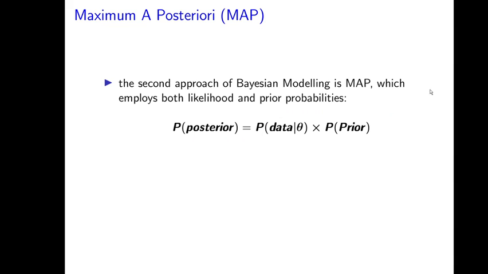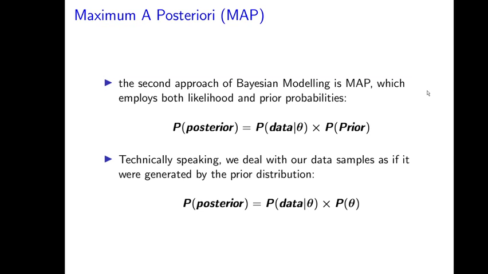Now let's move to the second approach of Bayesian data modeling, which is maximum a posteriori, or MAP for short. In this approach, we employ both likelihood and prior probabilities. So in the MAP technique, we are employing 2 probability distributions. The first one is for the likelihood, and the second one is for the prior.